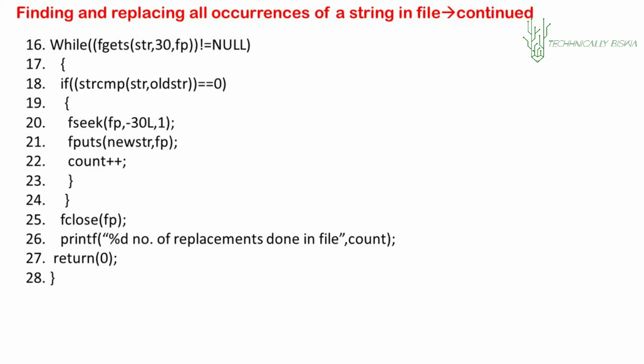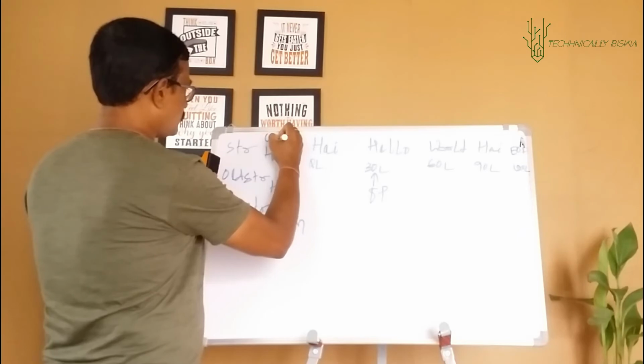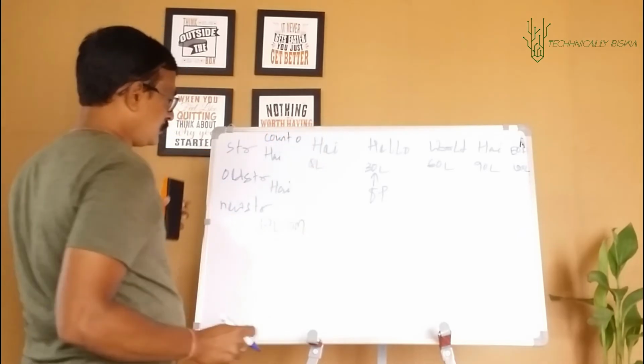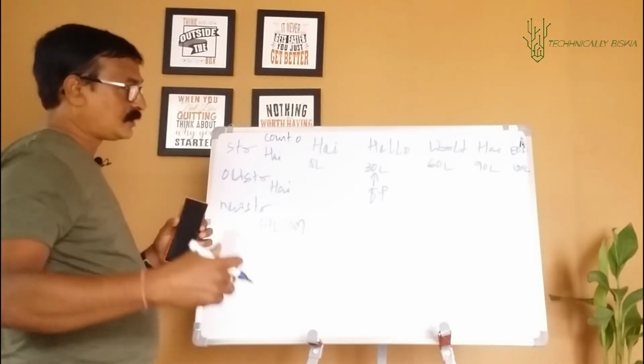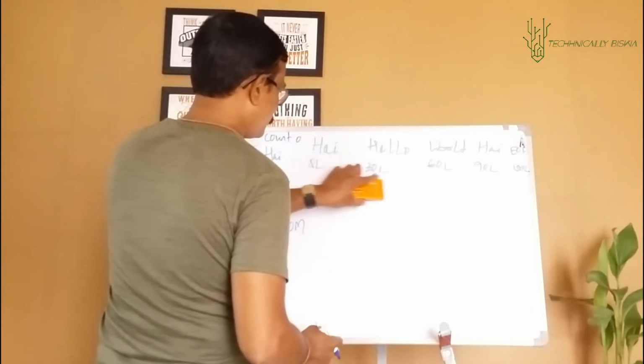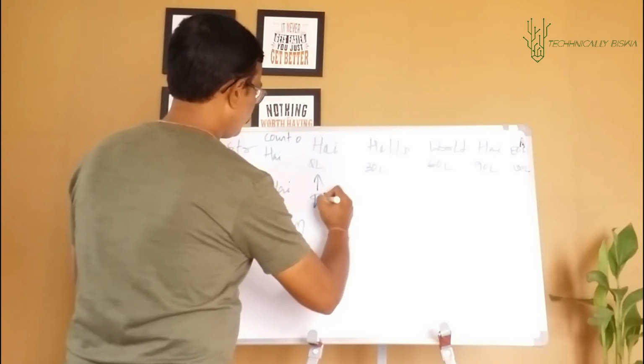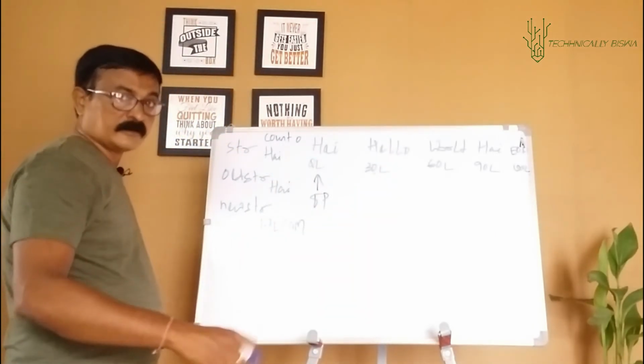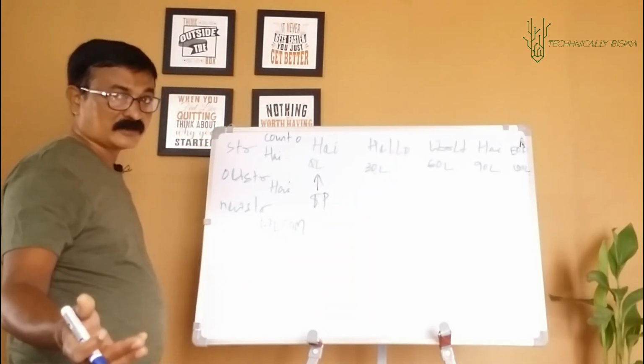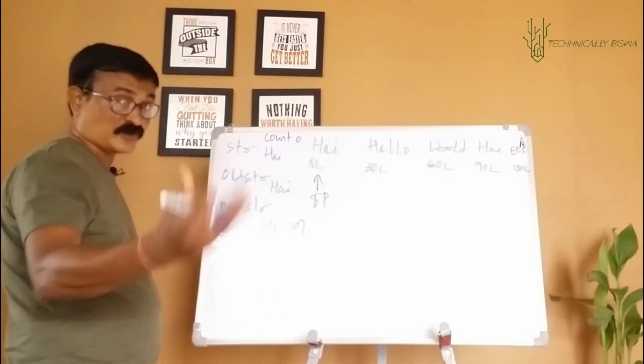Got this? Let's look at these two lines, fseek and fputs, on the board and understand. Count as a variable contains the value 0. fseek(fp, -30L, 1). What will happen? fp moves here from the current position. That means it moves here. fputs writes a string into the file.